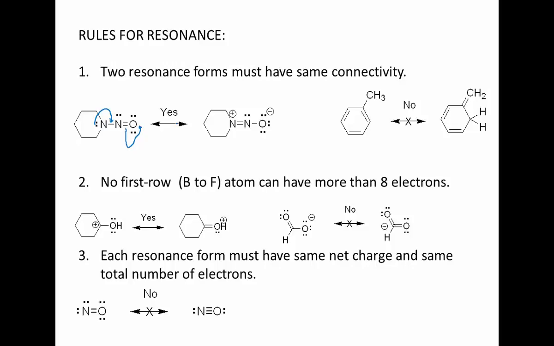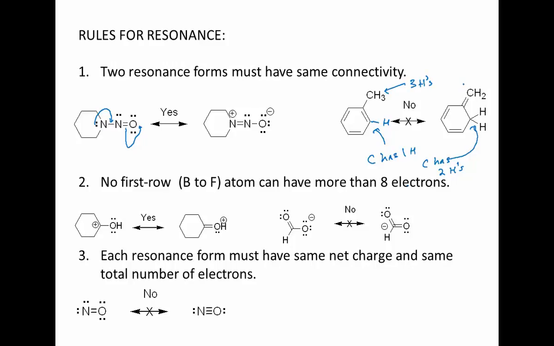Okay, let's look at the structure over here to the right. These do not qualify as resonance forms. So this carbon has one hydrogen. This same carbon has two hydrogens. That means it's not resonance.